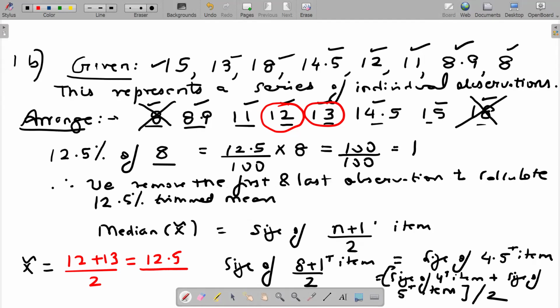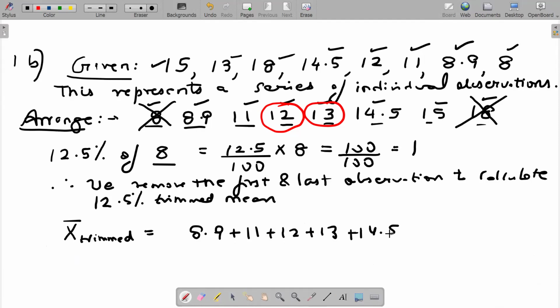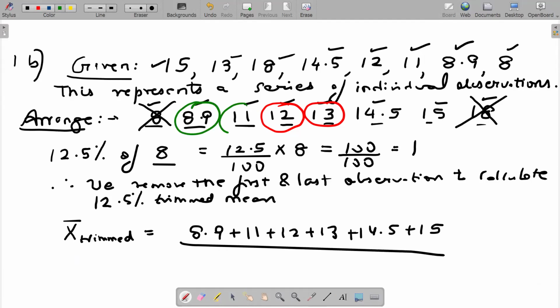What is going to be my trimmed mean? So if I erase this off, my X bar trimmed mean at 12.5% is going to be 8.9 plus 11 plus 12 plus 13 plus 14.5 plus 15 over how many observations are there, guys? 1, 2, 3, 4, 5, 6.